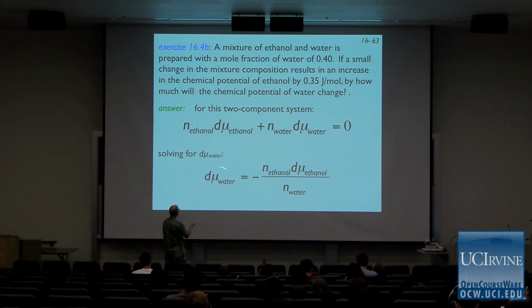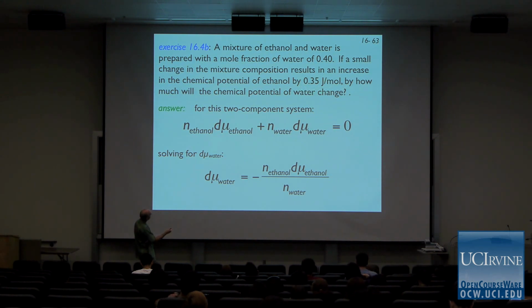We just solve for the change in the chemical potential of the water. If these derivatives are small, and the first assumption to make is that they are small, then we can just treat this as the change in the chemical potential of the water. That's the change in the chemical potential of the ethanol, which we're told.